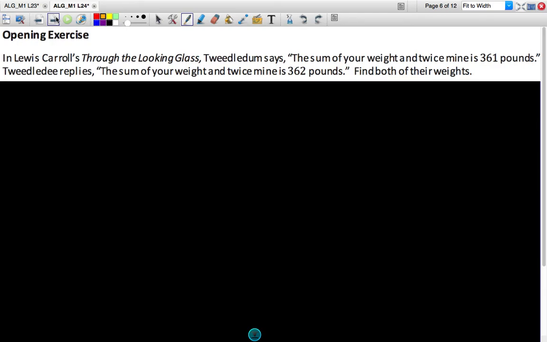Now let's look at the opening exercise in your notes. In Lewis Carroll's Through the Looking Glass, Tweedledum says, the sum of your weight and twice mine is 361 pounds. Tweedledee replies, the sum of your weight and twice mine is 362 pounds. Find both of their weights. So we first need to define some variables. So let's let x equal Tweedledee's weight.